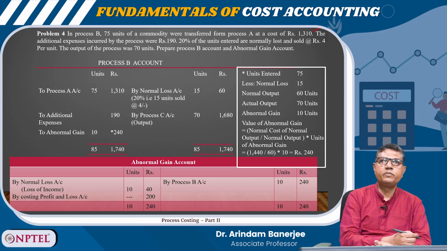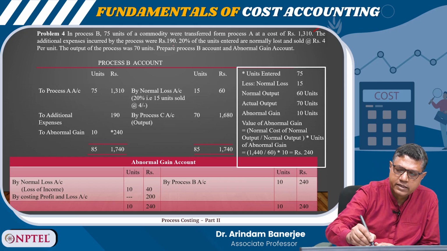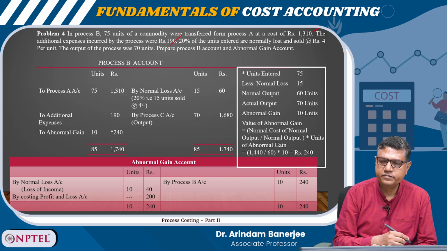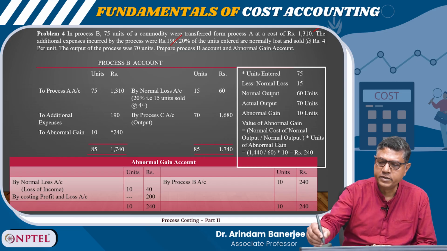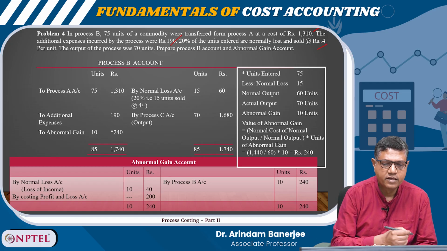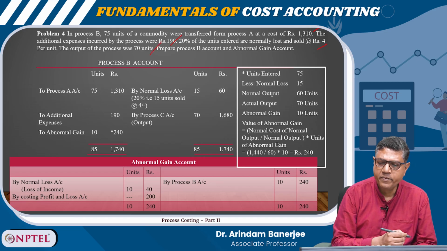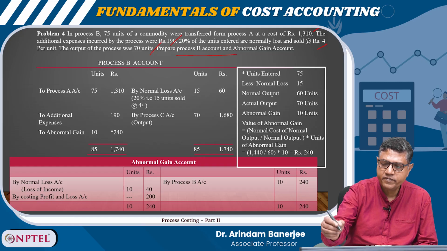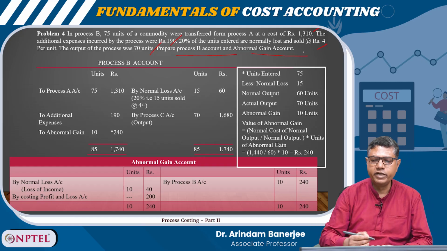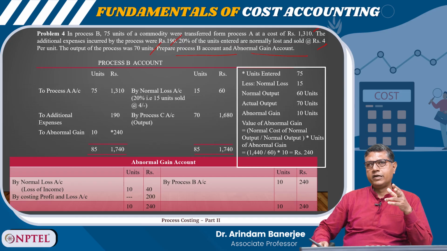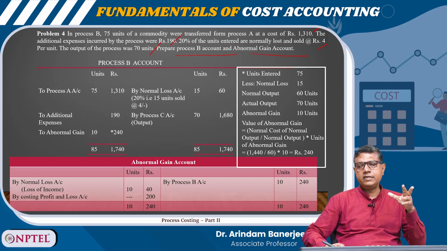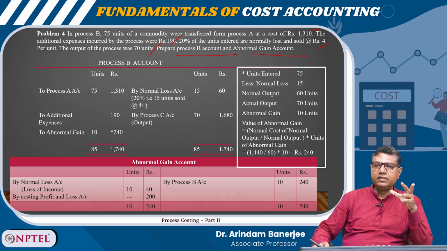The additional expenses incurred by the process were rupees 190. 20% of the units entered are normally lost and sold at rupees 4 per unit. The output of the process was 70 units. Prepare the process B account and abnormal gain account.